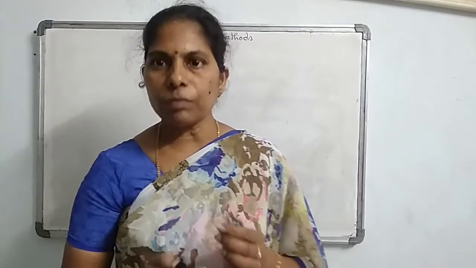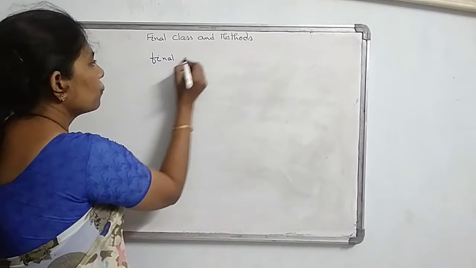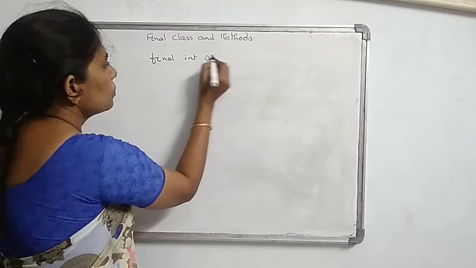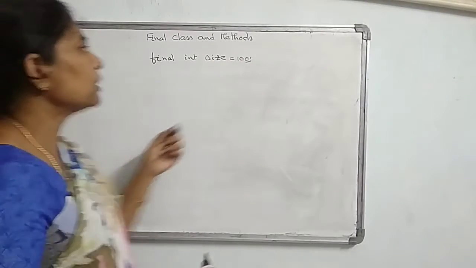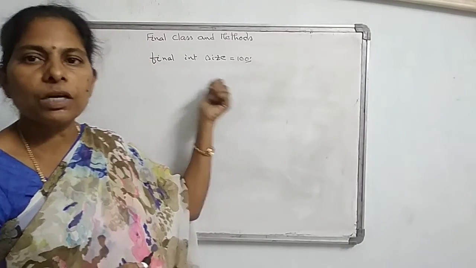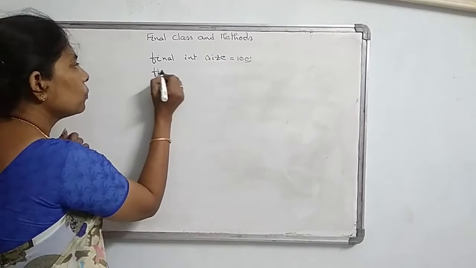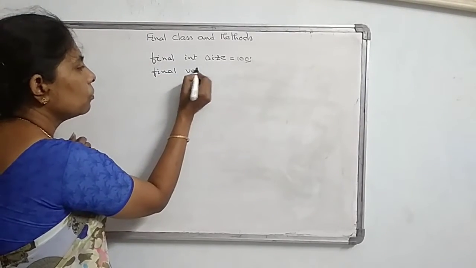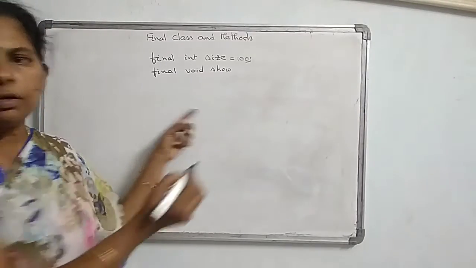So final int size equal to 100. If you declare like that, size is a variable of integer type that must come under final. Or you can also use final void show. That means you are using a method.